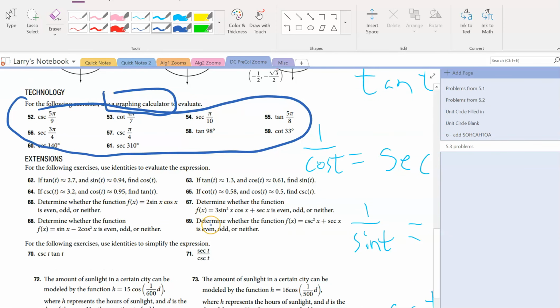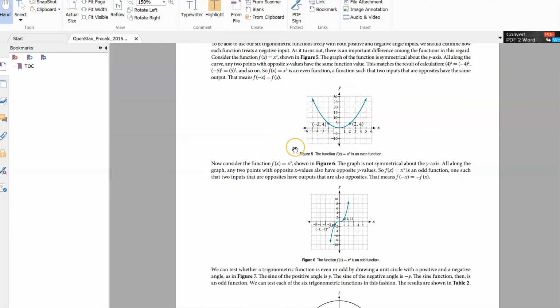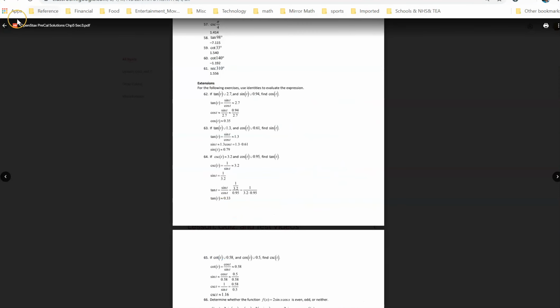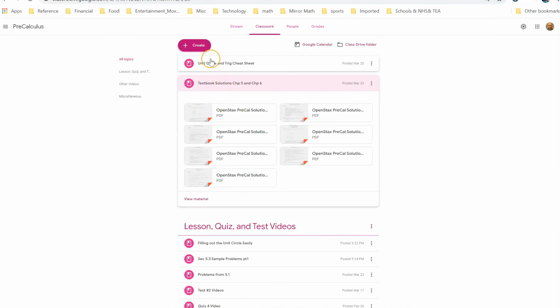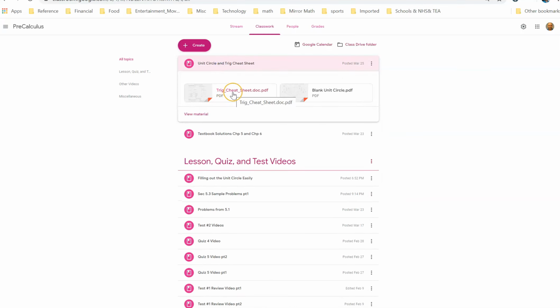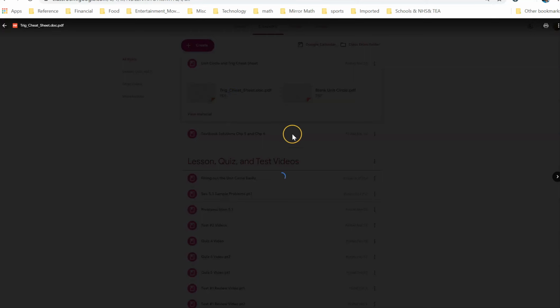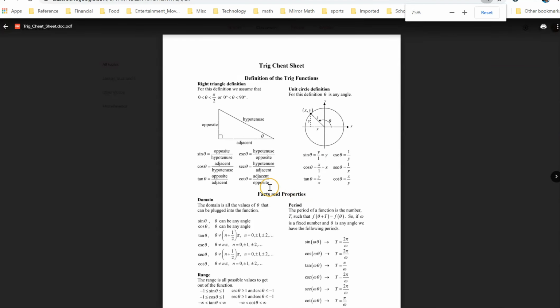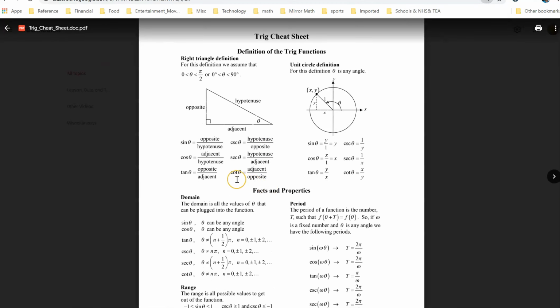62 through 69. 62 through 69, it says use identities to evaluate the expression. So what you want to do is back up in the book, and also in the Google Classroom, there is a thing that says unit circle and trig cheat sheet. This will be very useful. The trig cheat sheet. This is a lot of identities. It's different properties about sine, cosine, tangent.